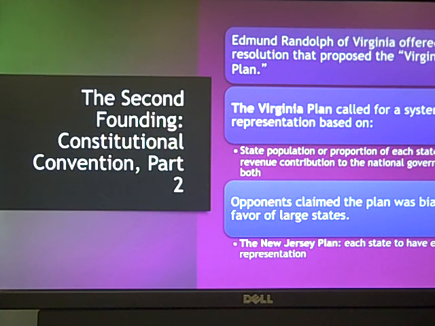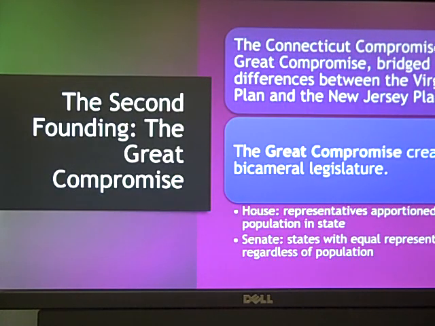We have the Virginia Plan, the large state plan, based upon representation, because lots of people live in Virginia. We have the Jersey Plan, or the small state plan. They want equal representation amongst the states, right? Ultimately, we get the Connecticut Compromise, sometimes referred to as the Great Compromise. We get a bicameral legislature. That means two chambers, right? So we have two houses, the House of Representatives and the Senate, okay?